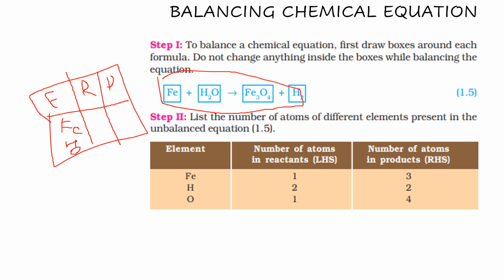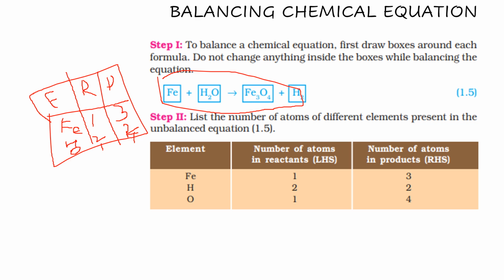So the number of atoms for hydrogen and oxygen are 2 and 1. For iron also 1, that is Fe. While on the product side, for iron we have 3 atoms, for oxygen we have 4, and for hydrogen we have 2. So we can see that the equation is unbalanced.